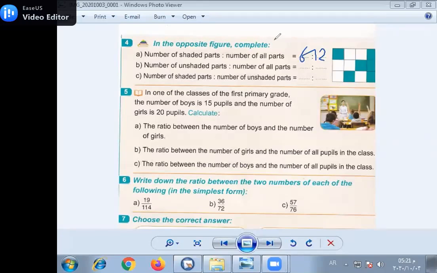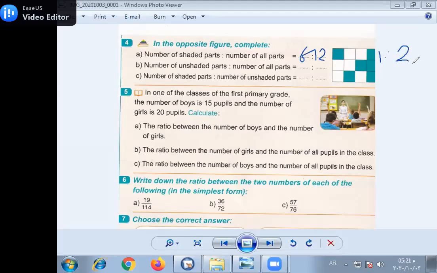No, it's not in the simplest form. Can you please put it in the simplest form? Yes, the simplest form is 1 to 2. Excellent. Both numbers are divisible by 6, so 6 divided by 6 is 1, and 12 divided by 6 is 2, so the ratio in the simplest form will be 1 to 2. Excellent.